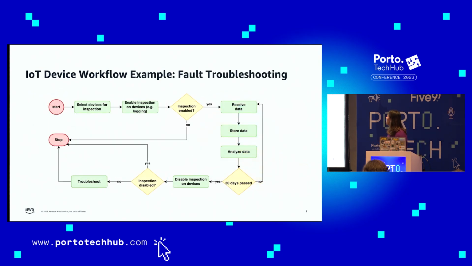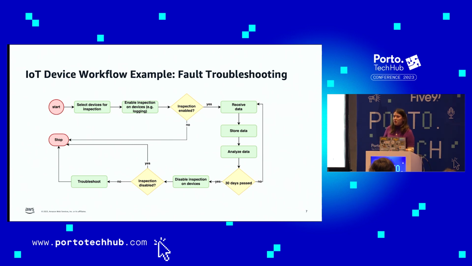So this is the example that I was talking about with the fault troubleshooting, right? Imagine you have 500,000 devices, you run a firmware upgrade, and suddenly 20% of them don't operate as desired. What you want to do is enable, for example, a deep inspection on those 20% of devices and see what's going on, and have them send data periodically a lot more than you would normally send data from those devices, just to see where the problem is.